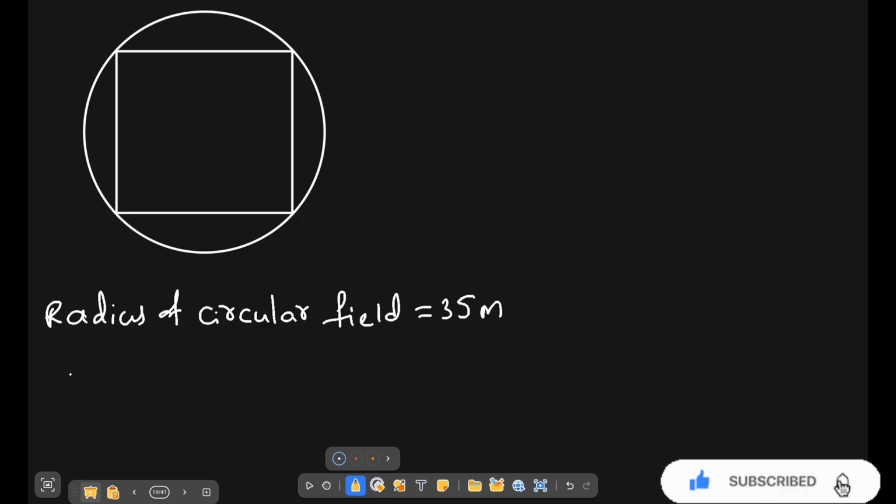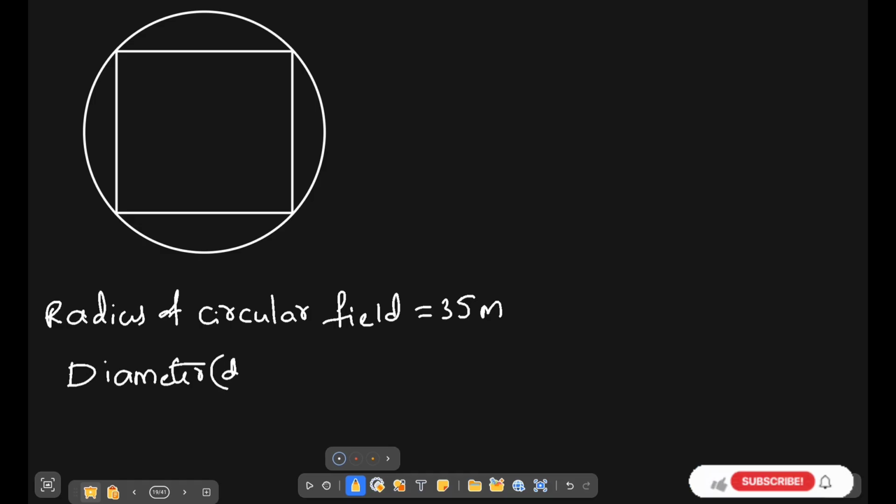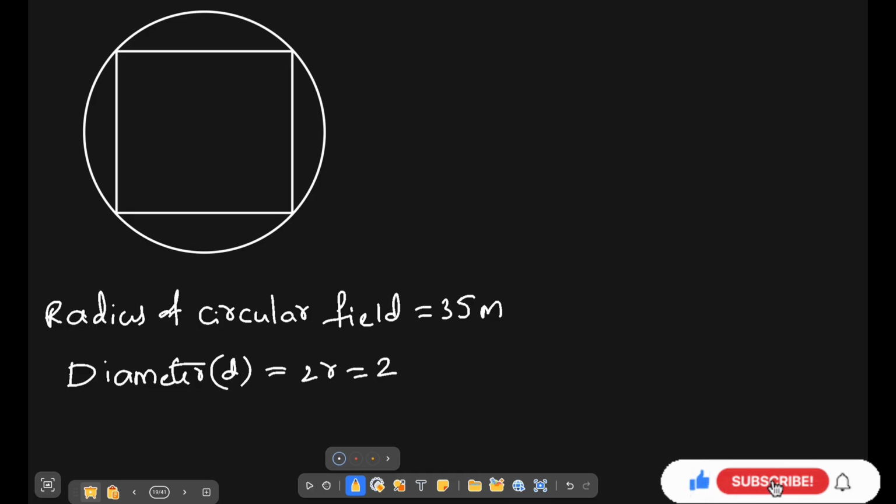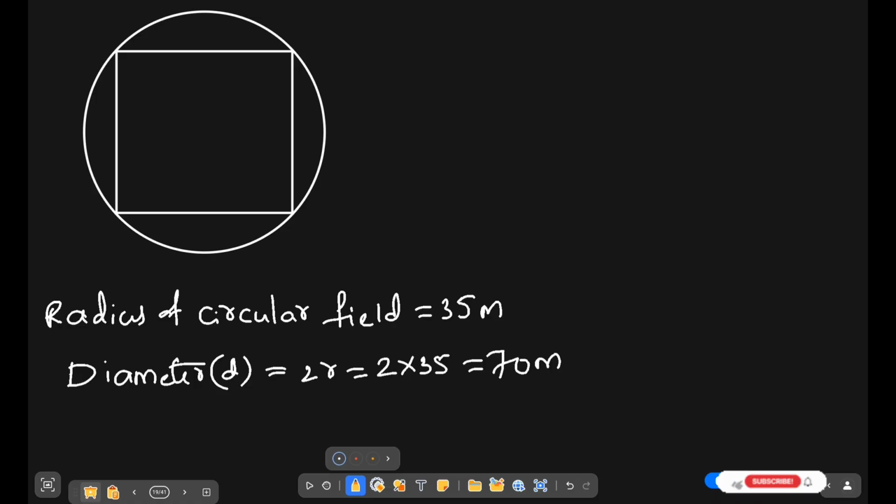So what is the diameter of the field? If the radius is 35, the diameter will be double the radius, 2 times 35. So it will be equal to 70 meters. So the diameter will be equal to the diagonal of the square here.